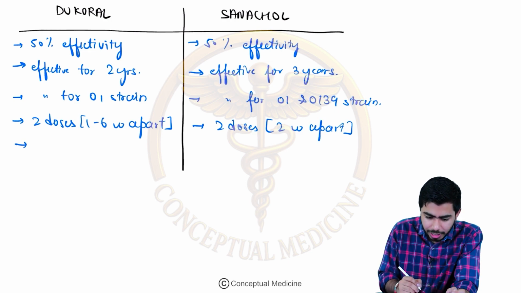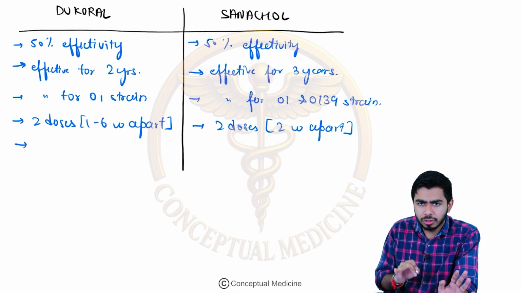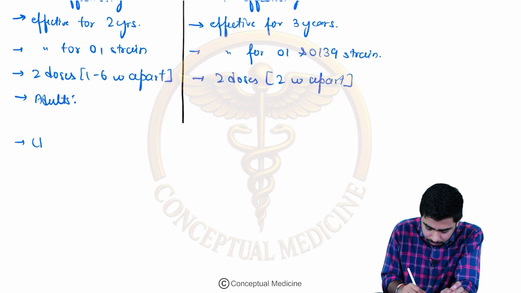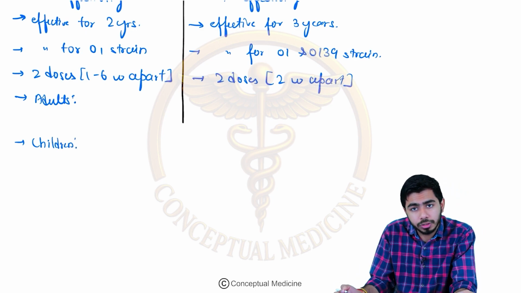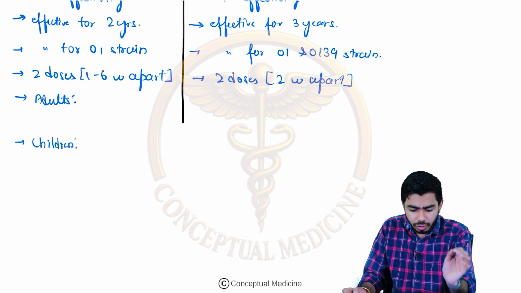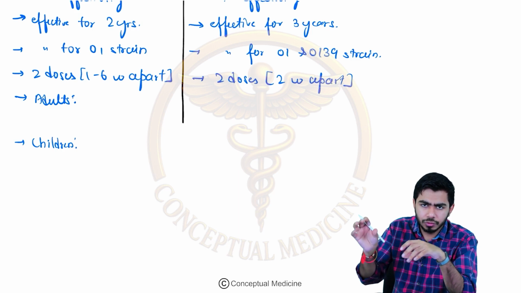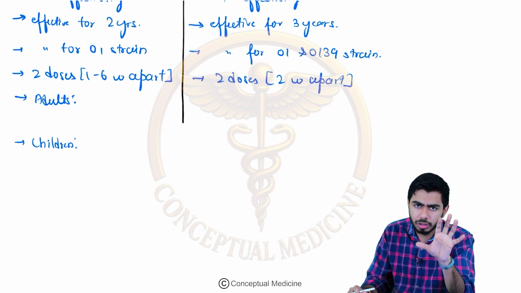Next point is that in the adults and in the children, 2 parts are there. If you are using it for adults, how to use it, and in the children how to use it. So what you will be doing is taking this particular vaccine, opening up the wrapper, and mixing it in 150 ml of water.